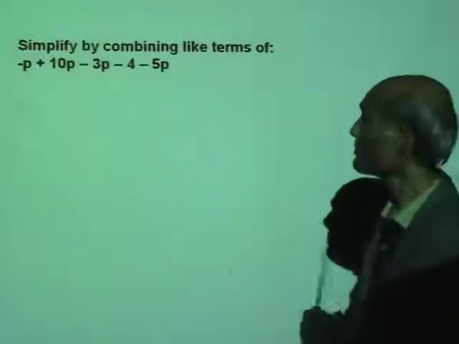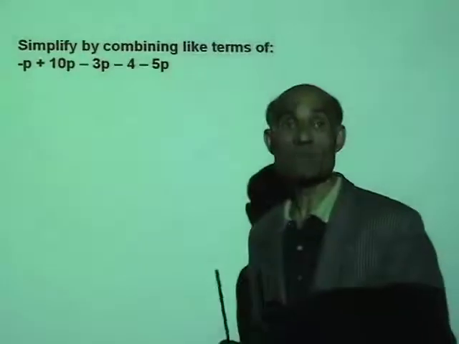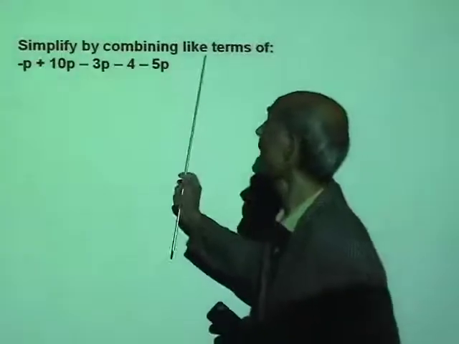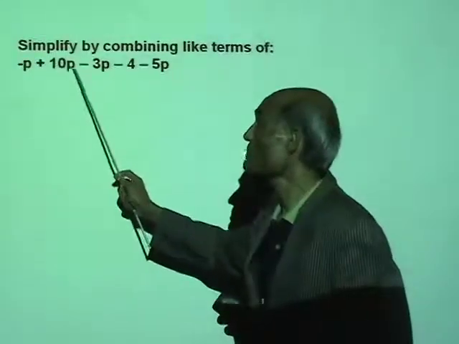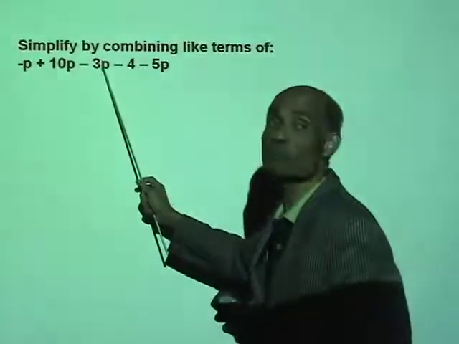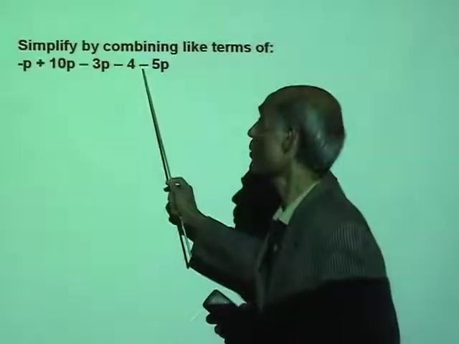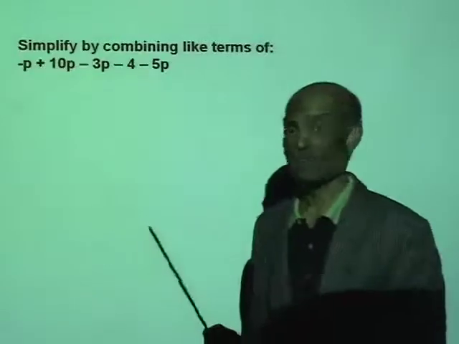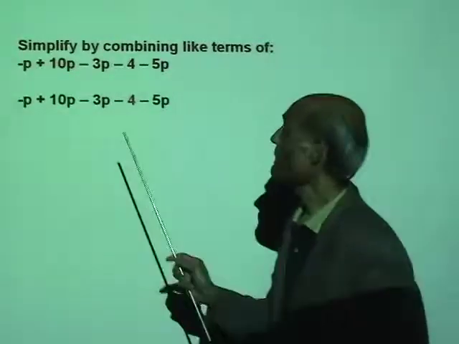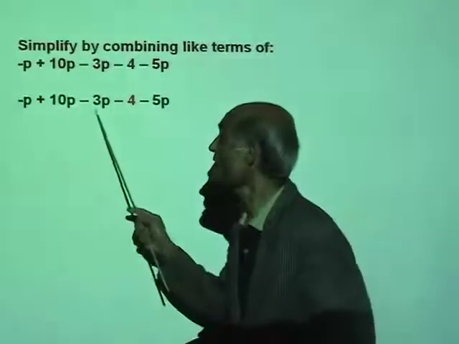Okay, let's do another one. Simplify by combining like terms. Negative p plus 10p minus 3p minus 4 minus 5p. Alright, what do you do first? All these are terms in p.